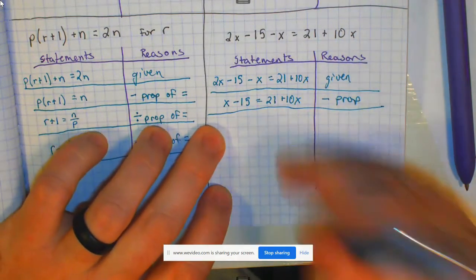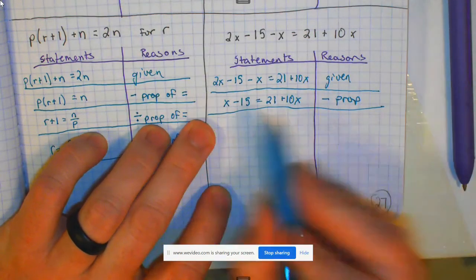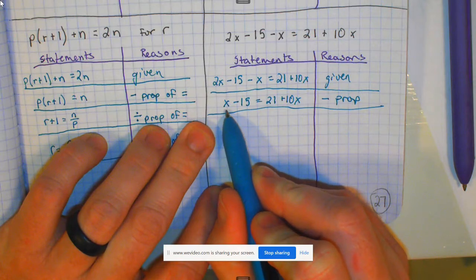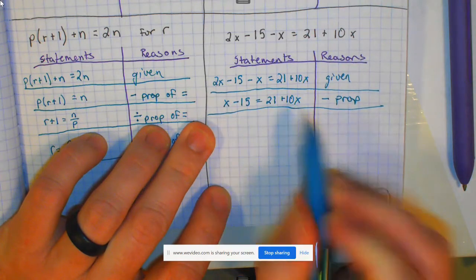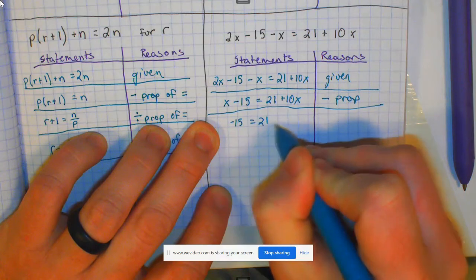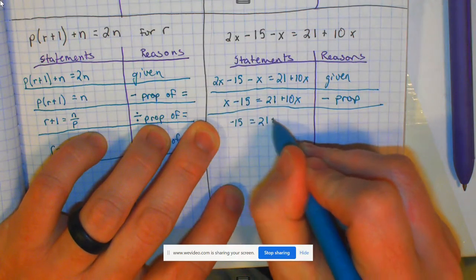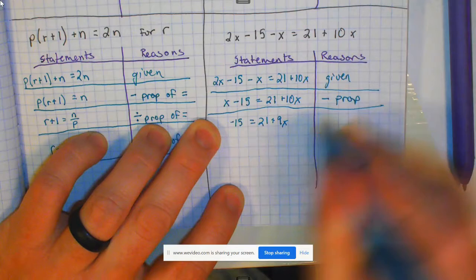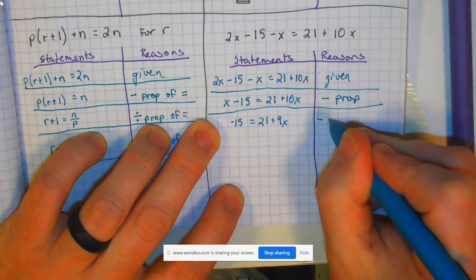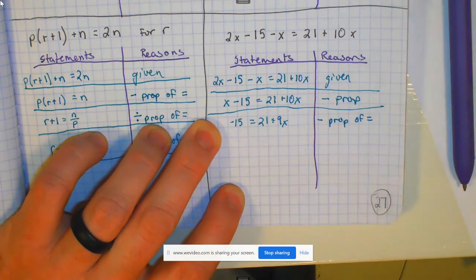Okay, now it becomes like our very first example. Okay, so I'm going to subtract x. So I have -15 equals 21 plus 9x, since 10x minus x is 9x. And I subtracted on both sides, so that's subtraction property of equality.